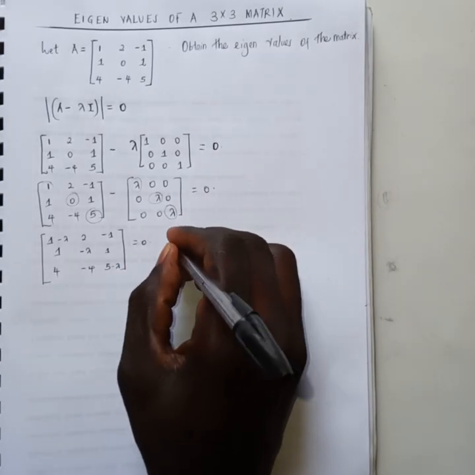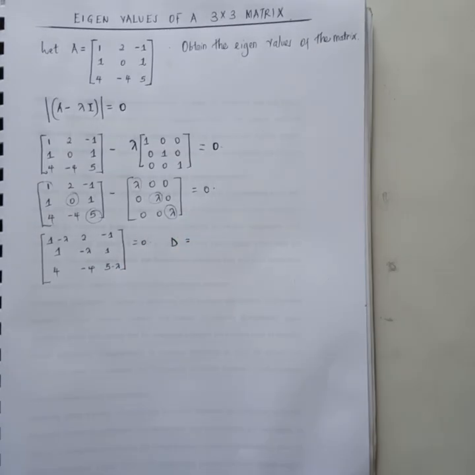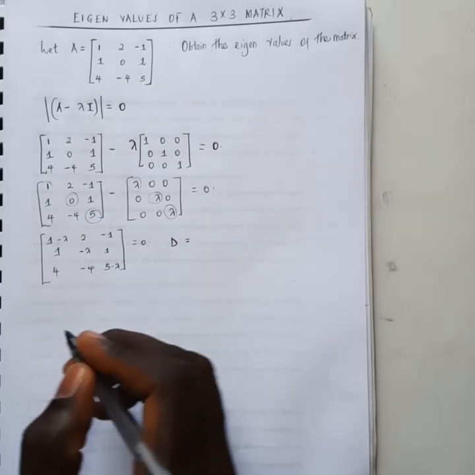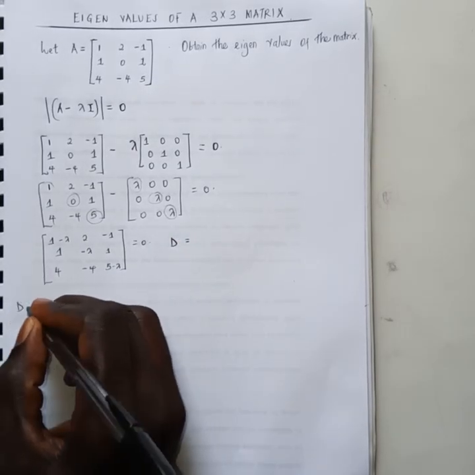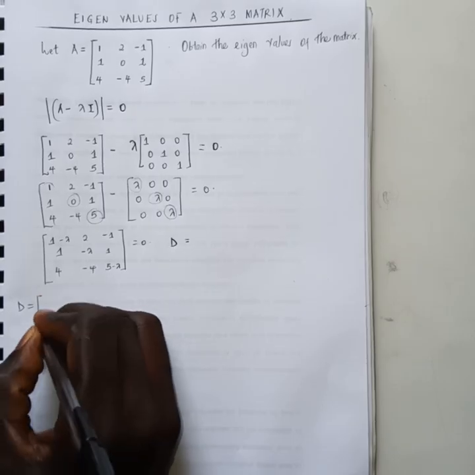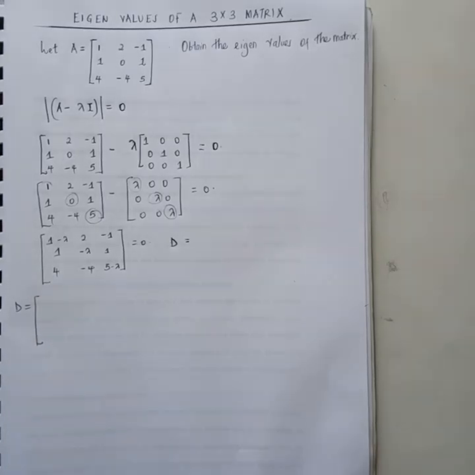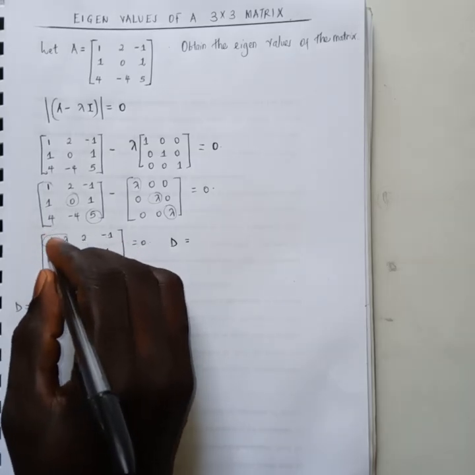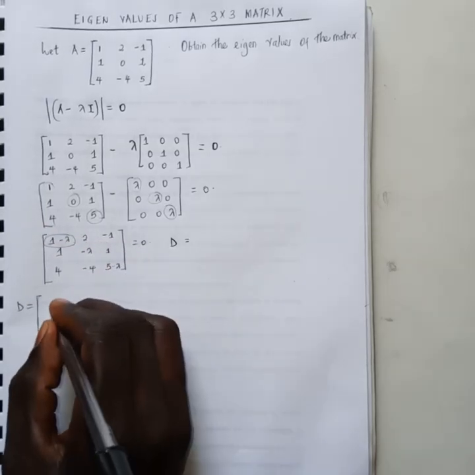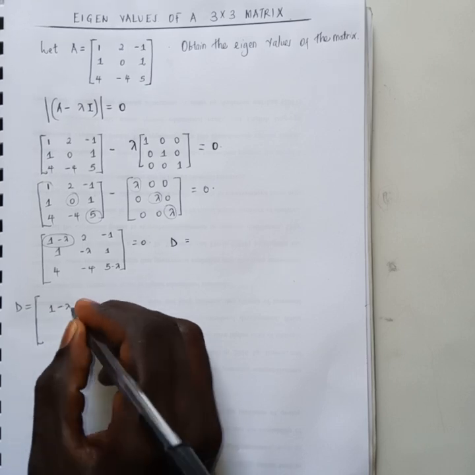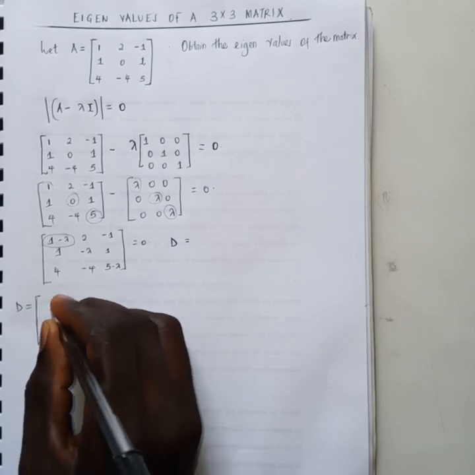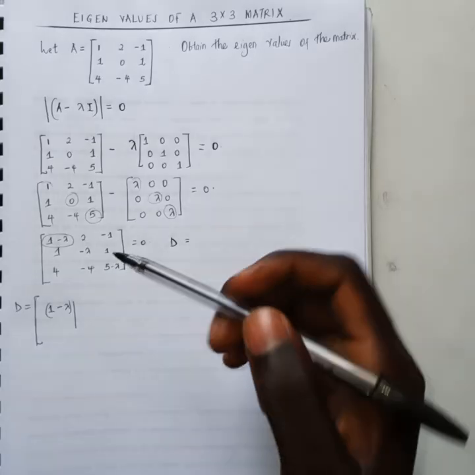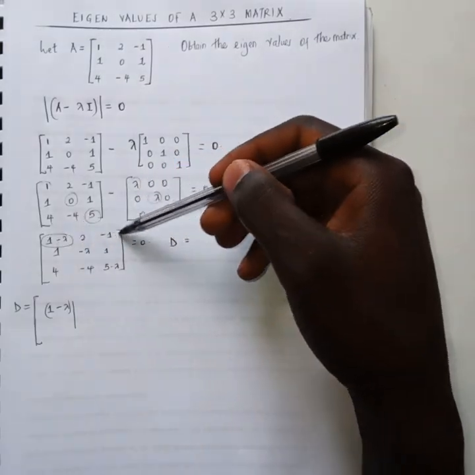So we are going to obtain the determinant. The determinant of this matrix will be given by taking row 1 here, that is 1, then we take the minor matrix, meaning that we are not going to pick the values in row 1 and column 1.